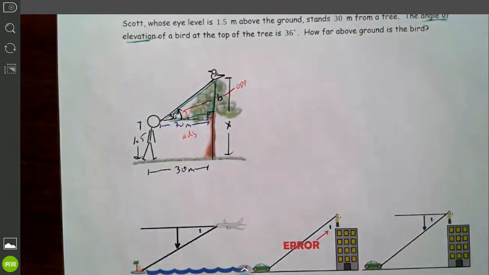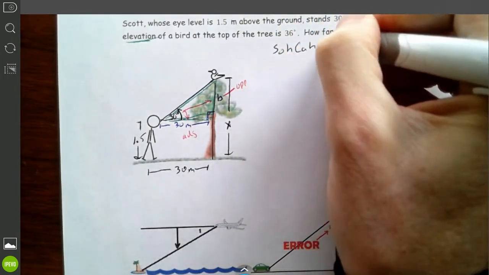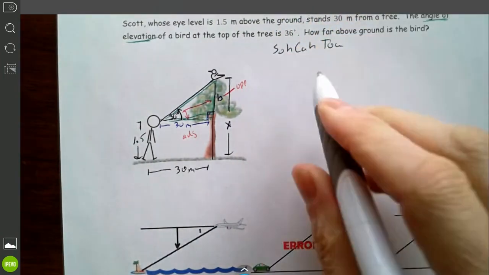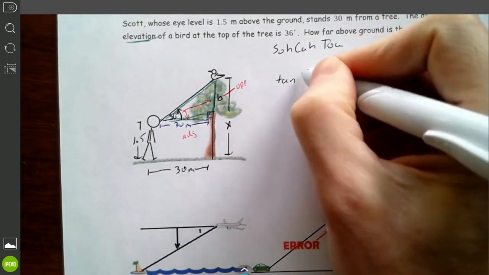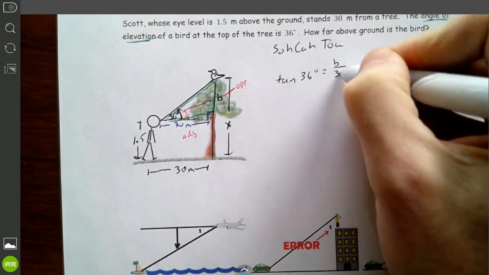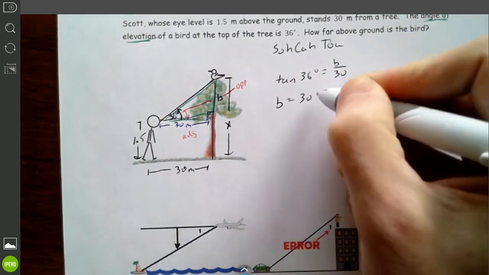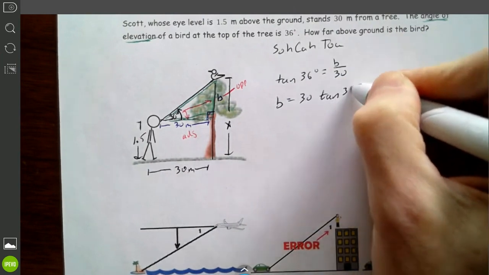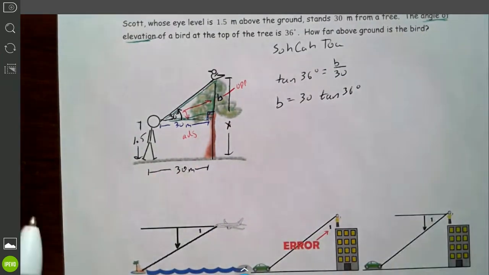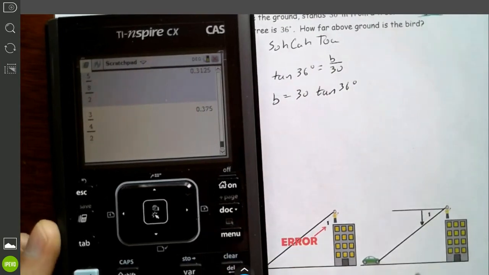So opposite over adjacent, if I go SOHCAHTOA, that's going to be my tangent. So the tangent of 36 degrees is my opposite over my adjacent. So I can cross multiply. And now I'm going to enter that into my calculator. Let me make sure my calculator's in degrees first of all.